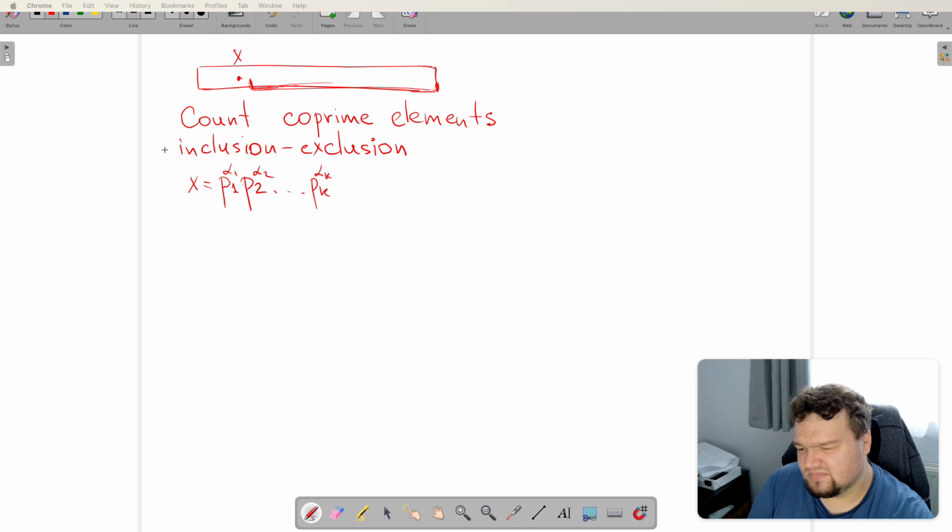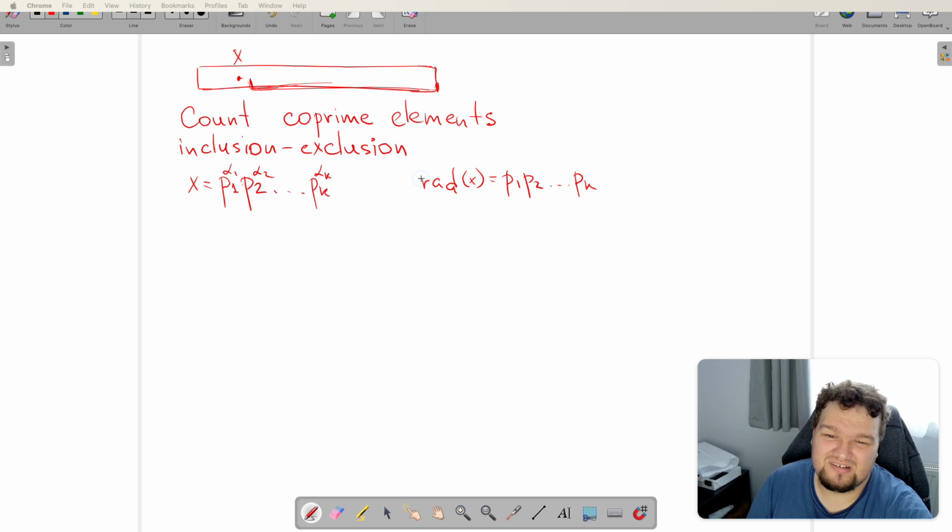That actually has some name, the function, but I cannot remember it right now. Radical or something, I think. The radical of a number x is the product of primes that divide that number, I think. Maybe not radical. But there is surely some name and a 3-letter abbreviation that is used as a function name. I think it's radical.